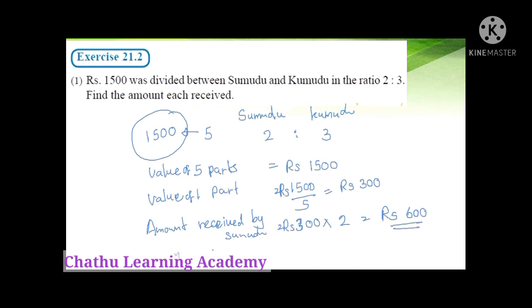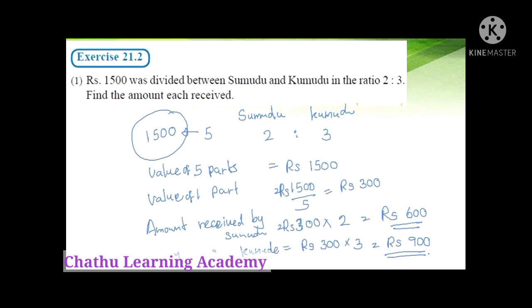Then amount received by Kumudu. What we want to do here? One part is equal 300. Kumudu has 3 parts. එතකොට කීයද එන්නේ? 900 rupees.